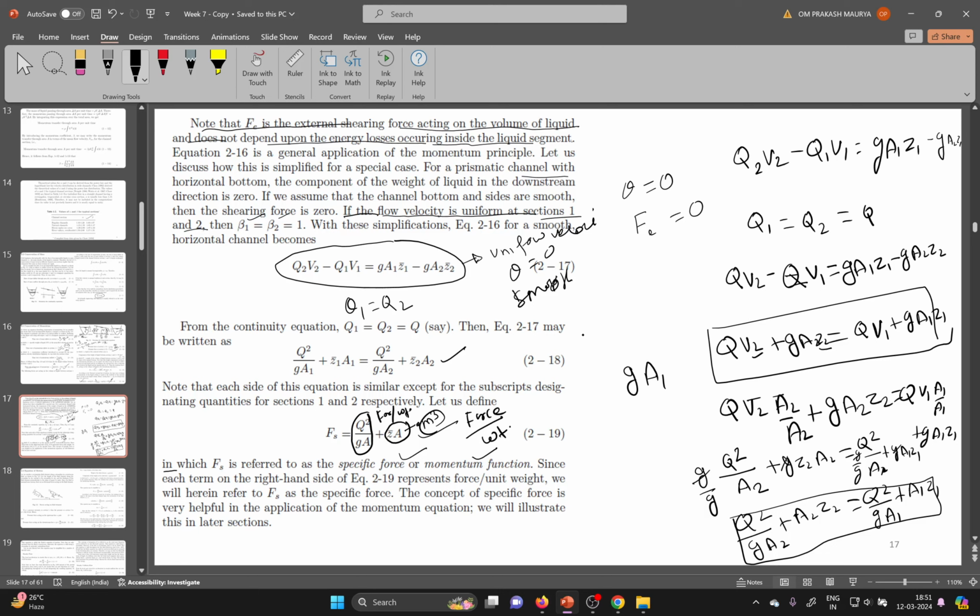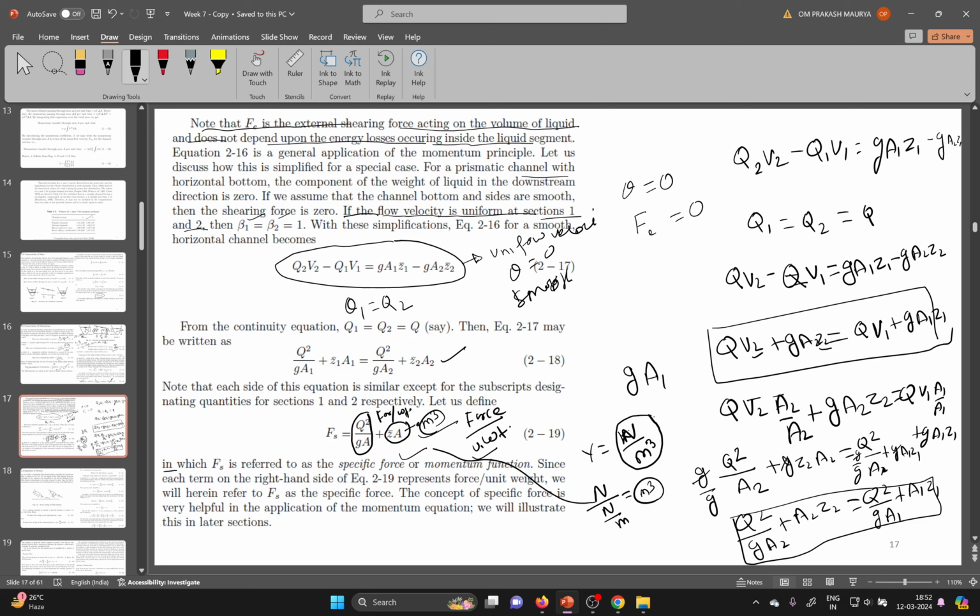if you will see one thing, gamma is equal to Newton by meter cube. So force Newton divided by your unit weight, this is unit weight, so Newton per meter cube. What it will give? Meter cube.